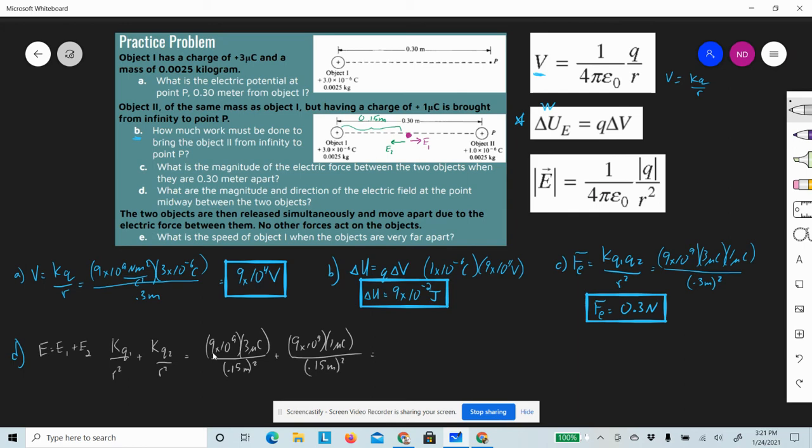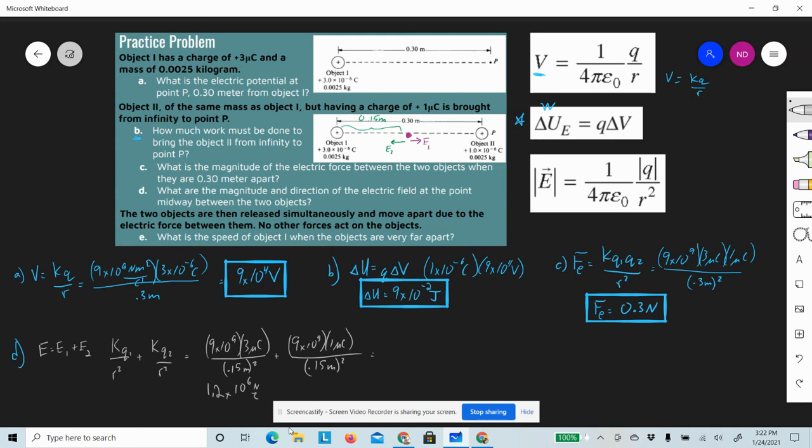So we get here 9 E 9 times 3 E minus 6 divided by 0.15 squared. So here we're going to get 1.2 times 10 to the 6th newtons per coulomb.